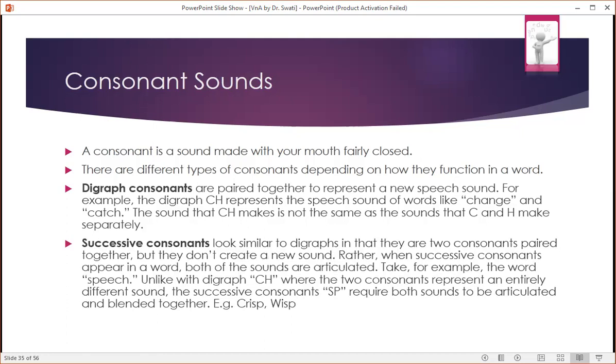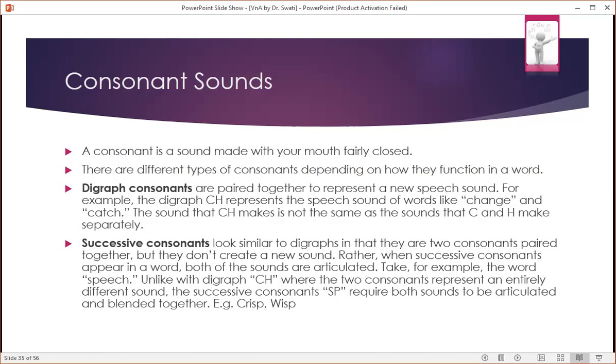Second one is successive consonants. Now, successive consonants, if you look at them, will look similar to digraphs. Okay, and when they are paired together, they cannot create a new sound.